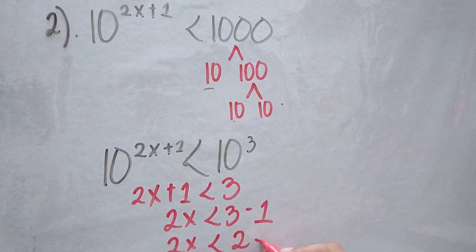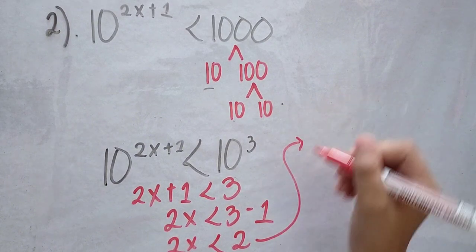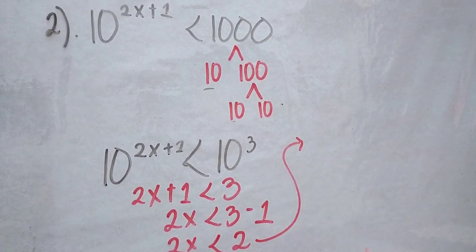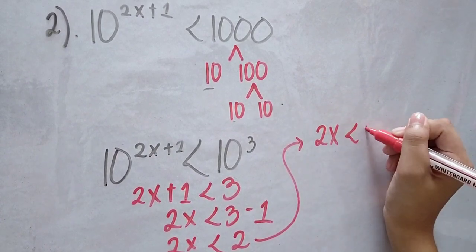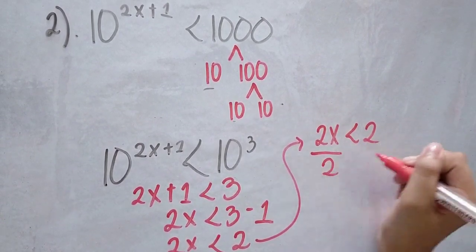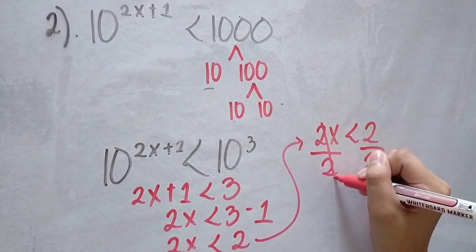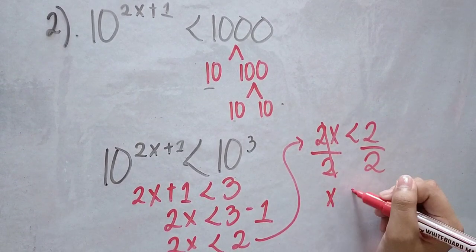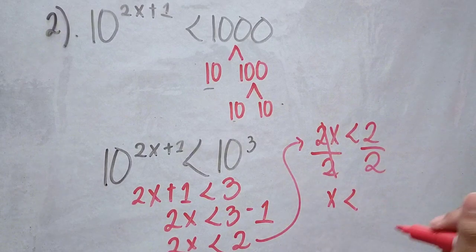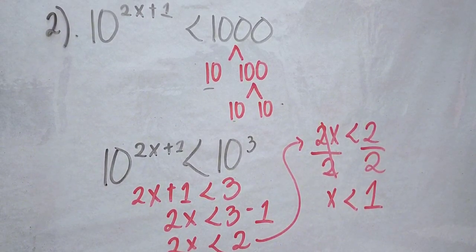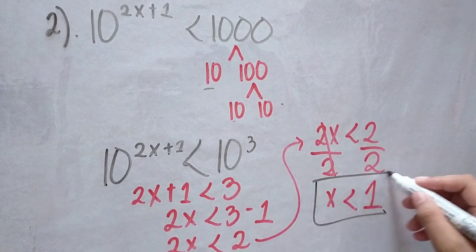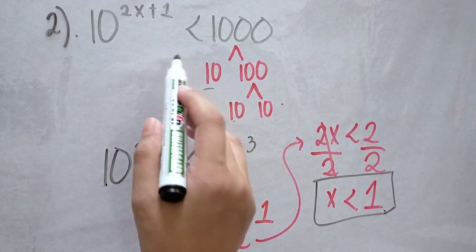Let's just divide both sides by 2. I will just rewrite it here kasi hindi nakasya sa board. 2x. Divide both sides by 2. Now, 2 divided by 2 is equals to 1. So, ang x natin is equals to 1.